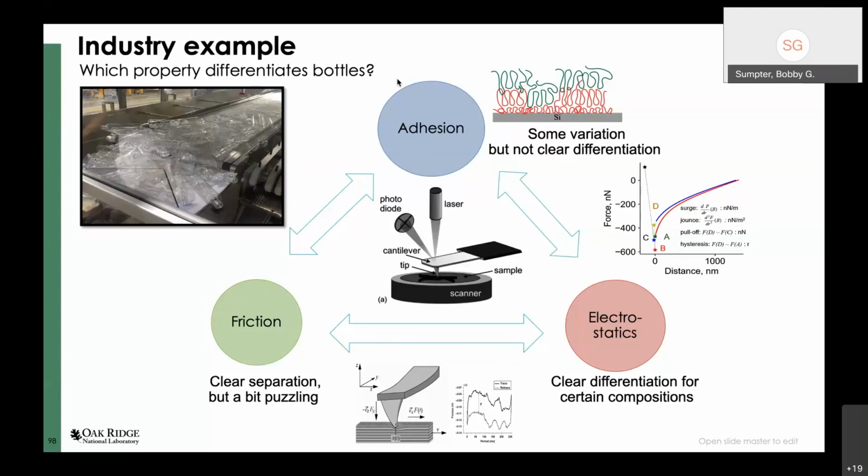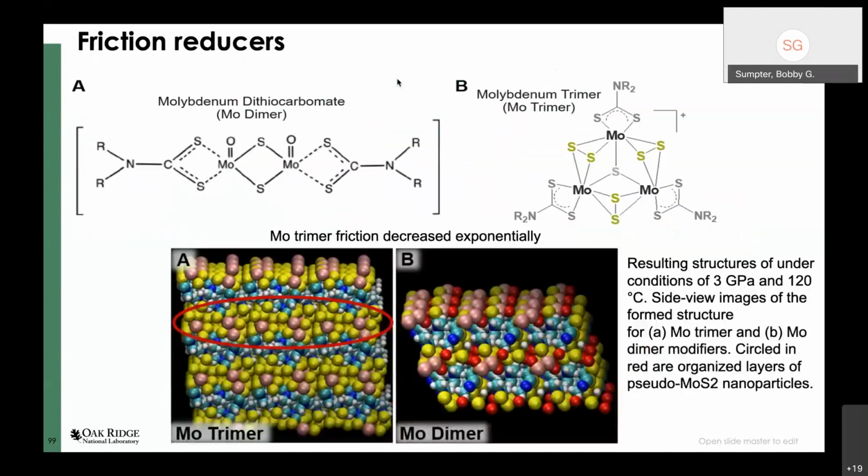Another quick example is a small company, Vinium. I think it's in Massachusetts, but they look at additives for friction reducers. Of course, we use a lot of those for our engines in our cars and various other aspects that are quite important to society.